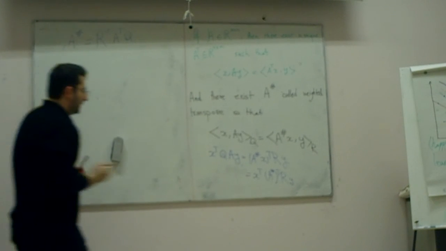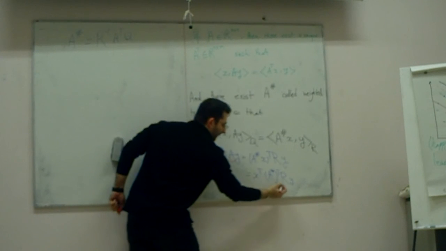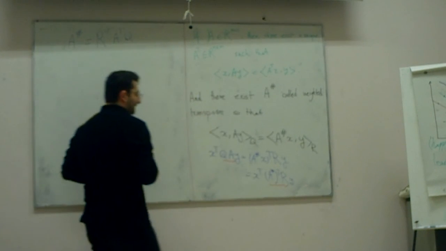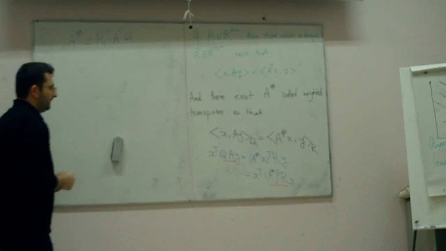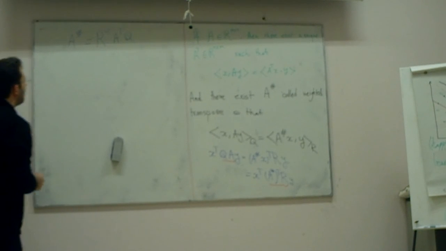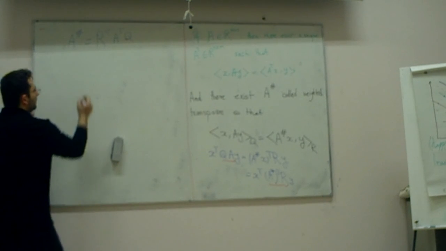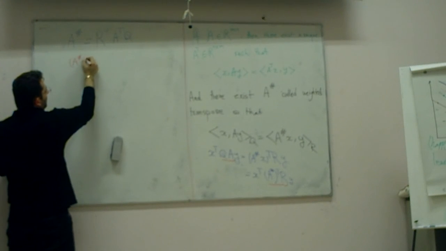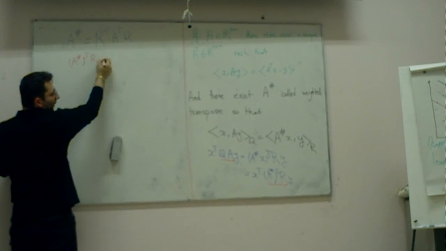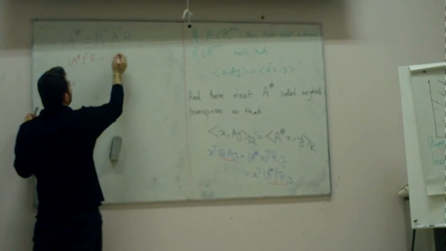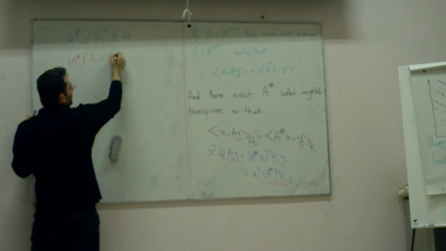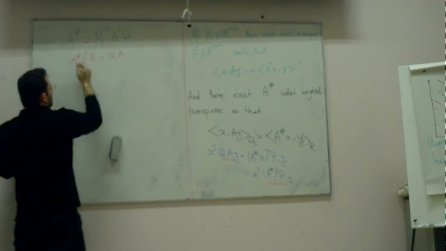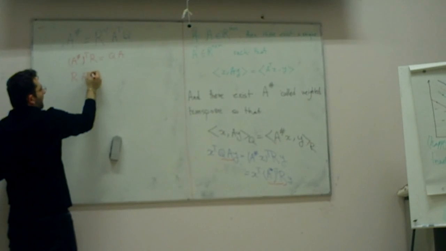You know, these terms have to be equal to each other, right? So what happens is this: A hash transpose R is equal to Q A. I transpose both sides.